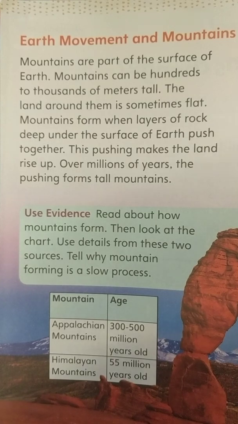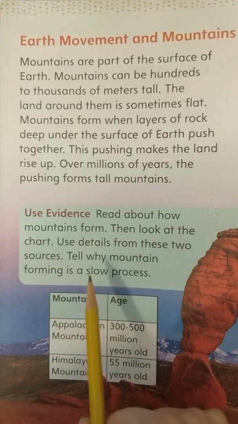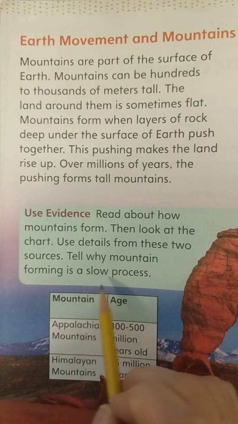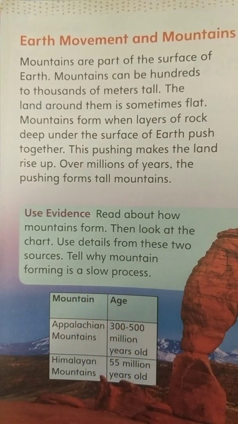Okay, and so again, this said to use some evidence to show how we know it is a slow process. So give me one sentence, one piece of information from somewhere on this page that is evidence, proof that forming a mountain is a slow process.